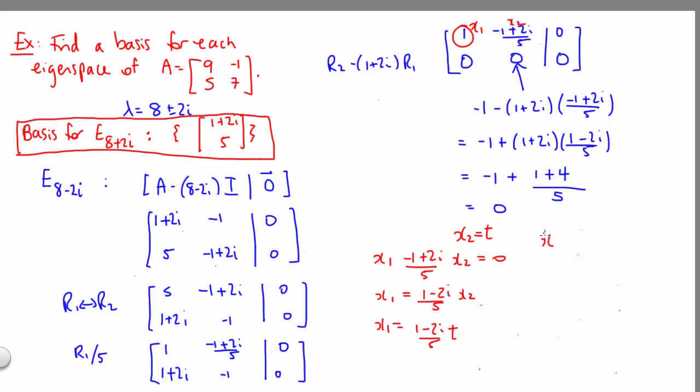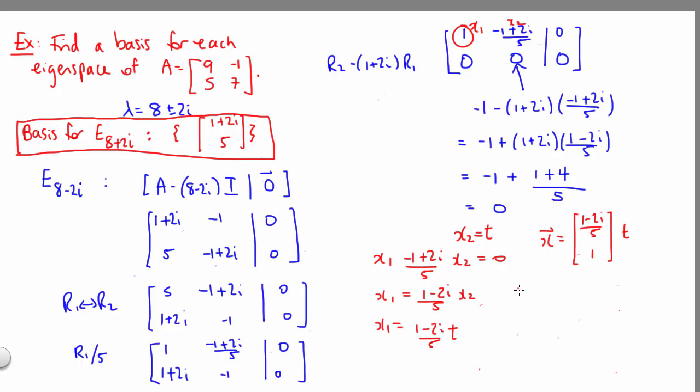So the eigenvectors that we're getting have the following form. I'm going to factor out the t, and the vectors are going to look like (1 minus 2i) over 5 and then 1. So any non-zero multiple of this vector here is going to be an eigenvector corresponding to this particular eigenvalue.